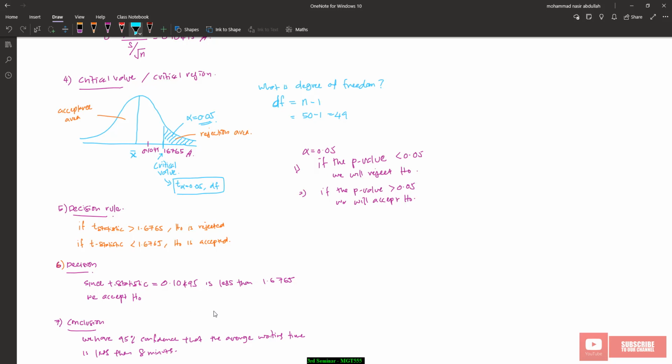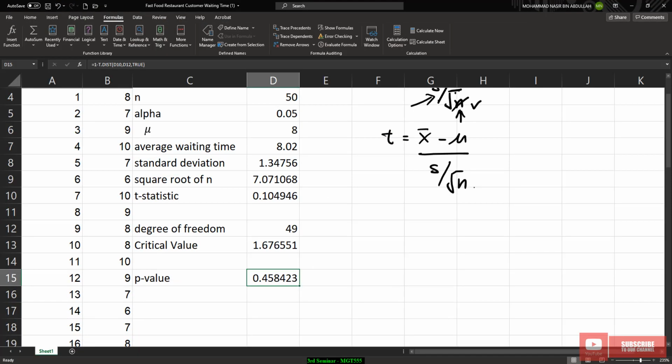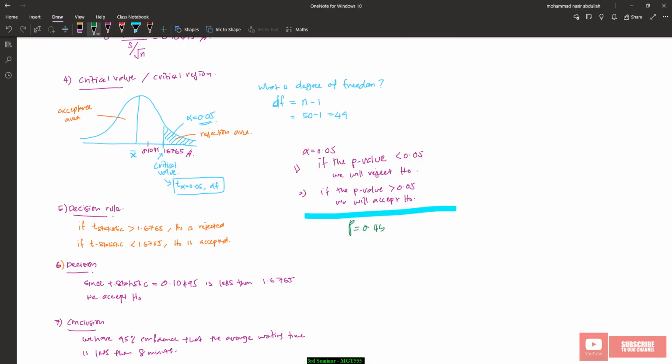So now, p-value 0.4584, right? If the p-value is less than 0.05, which is our alpha here, we will reject the null hypothesis.